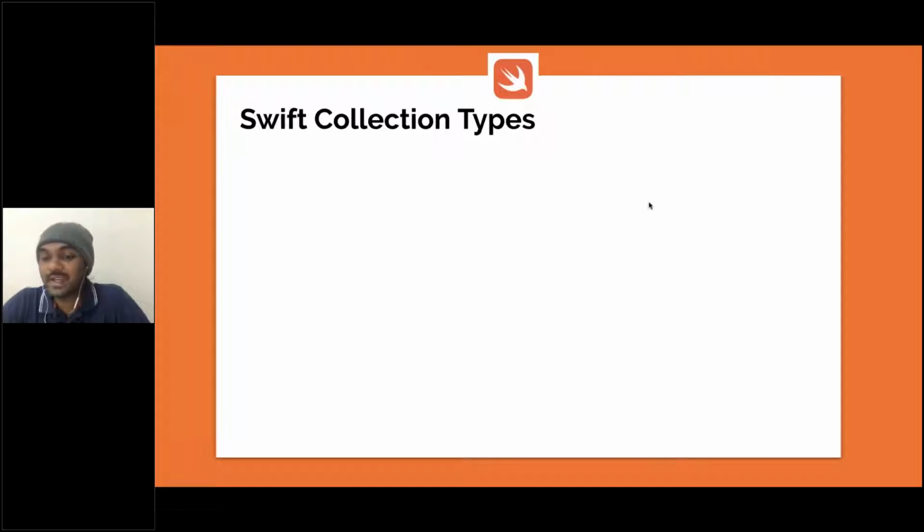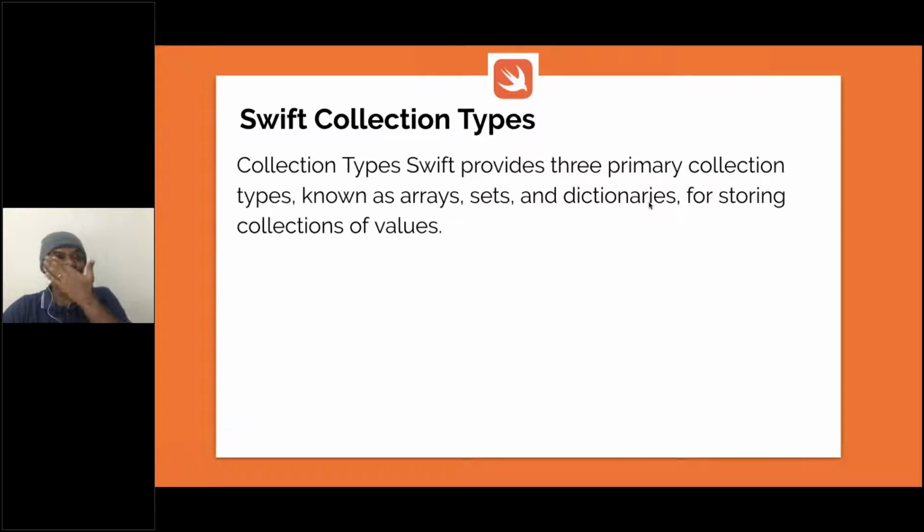Then we have to go for collection types. Collection types in Swift provide three primary collection types known as array, set, and dictionary for storing collection values.